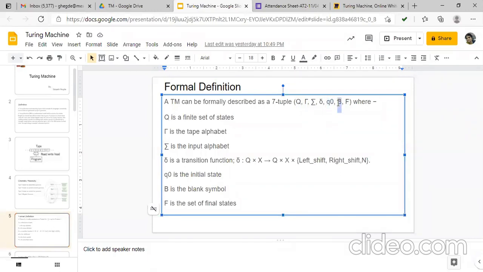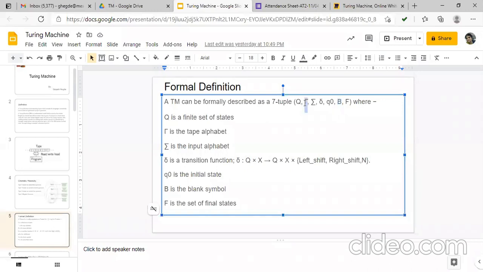Here B represents how you represent blank. You may write B with a slash, or small b with a slash, even that represents a blank. We have seen this in our PDA. You can take capital B also to represent the blank symbol.